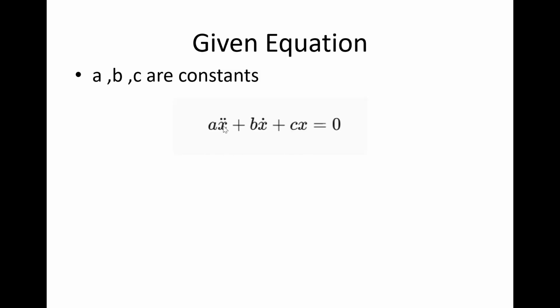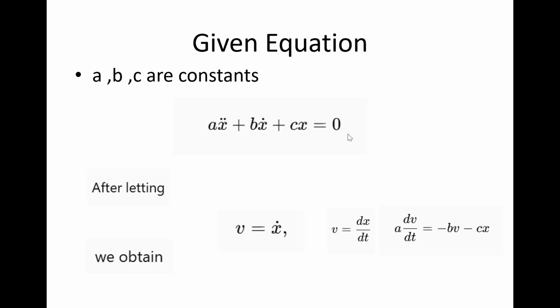So what we will do is basically take everything except x double dot onto the right hand side, and then we will convert it into first order equations as v is equal to x dot, and similarly v dot basically will become our x double dot when we shift this equation around.